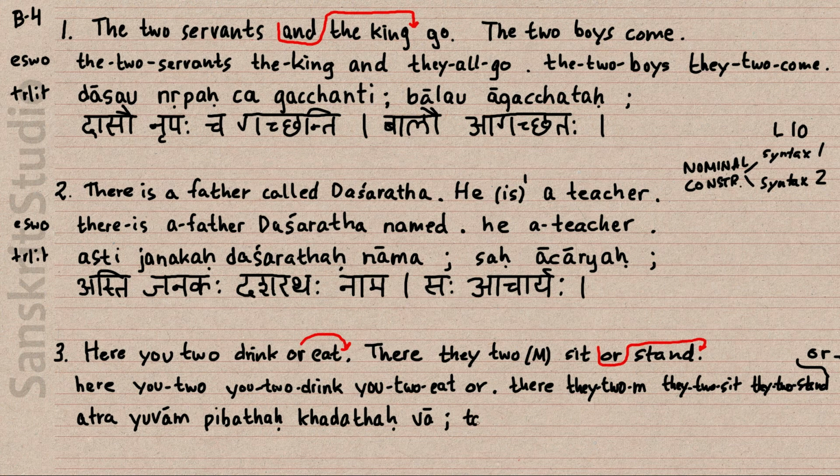So tatra, they two, that's tau. We had before te for they two, the feminine form, but here we're doing the third person dual masculine, tau.